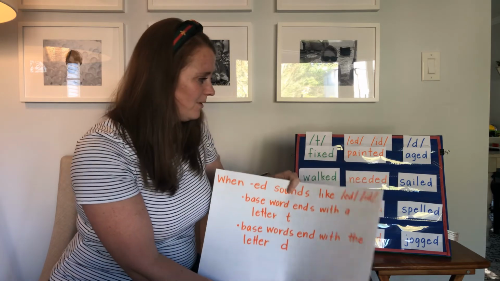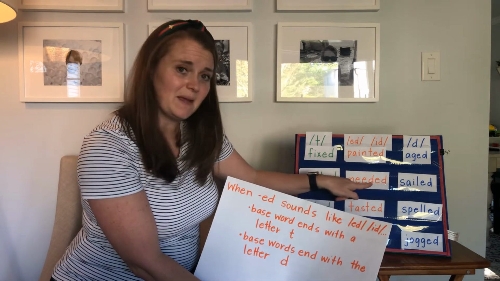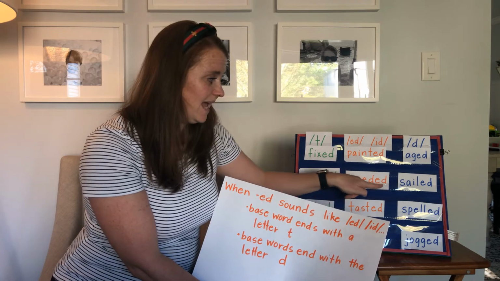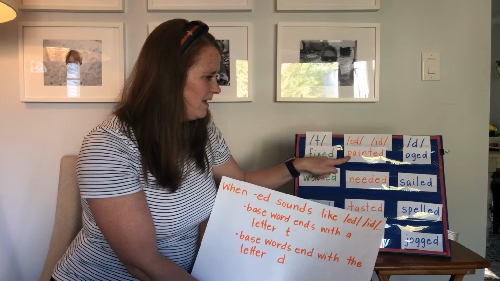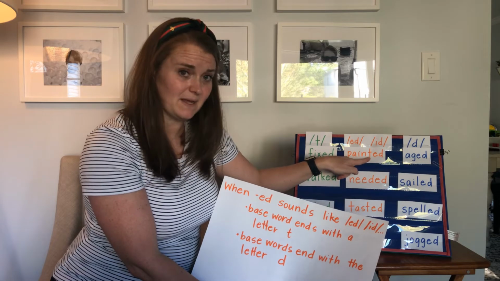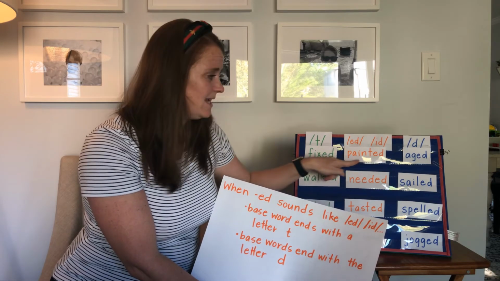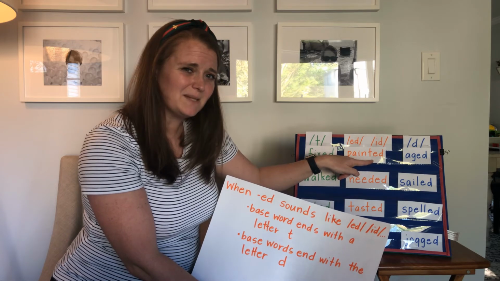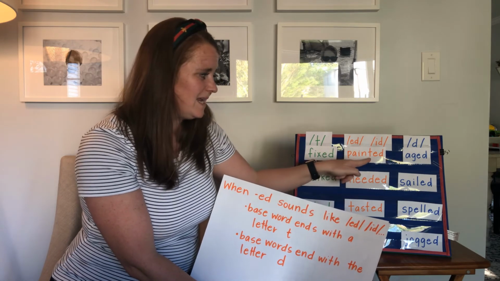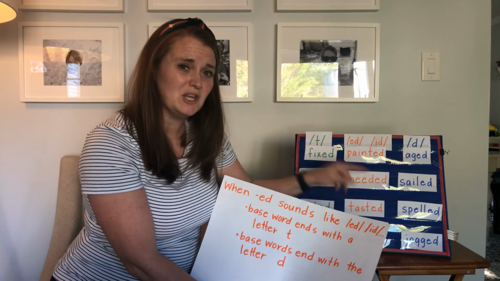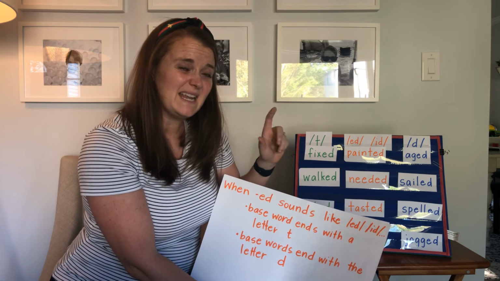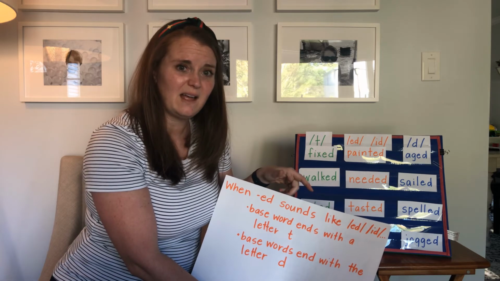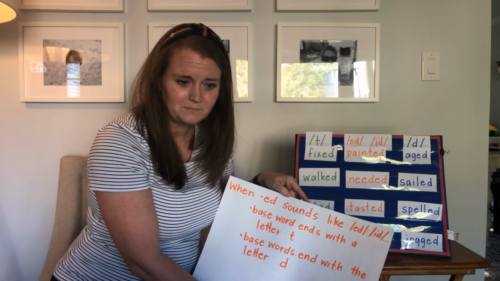So for example, need is the base word, it ends in a D. When you add ed, it says need-ed. Paint is the base word. When you add an ed, paint-ed, painted. So that tells me that when base words end with a T or a D and you add ed, that ed at the end is going to sound like ed or id. I found that to be very interesting.